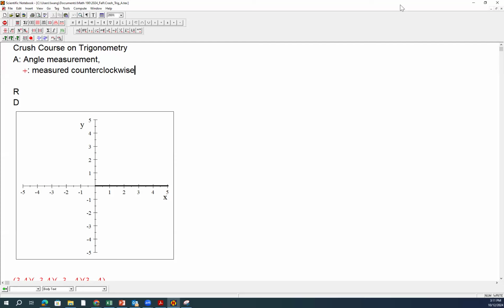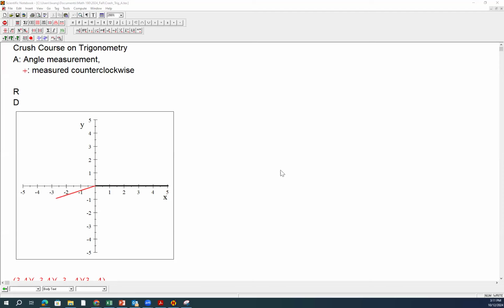What we mean by that is that suppose we measure an angle and we want it to be a positive one. What we do is that we start from here, and we go counterclockwise. And we can keep going. So this is the counterclockwise measurement.